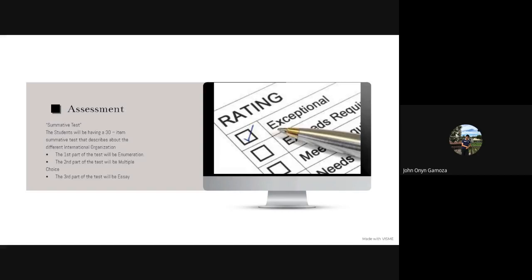Number two is multiple choice. Yes, we all know multiple choice. Number three, the last part of the test will be an essay. So that's the assessment: enumeration, multiple choice, and essay.